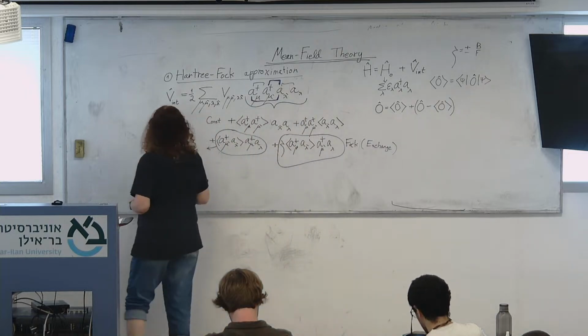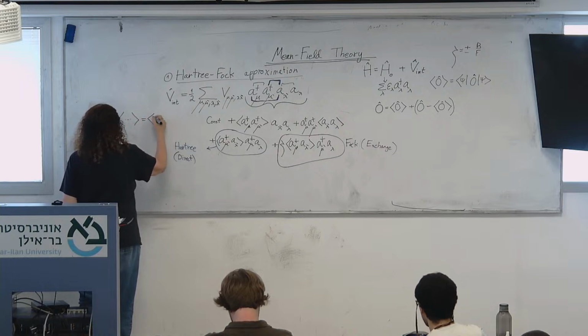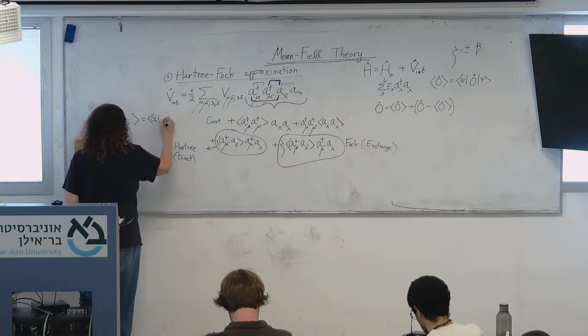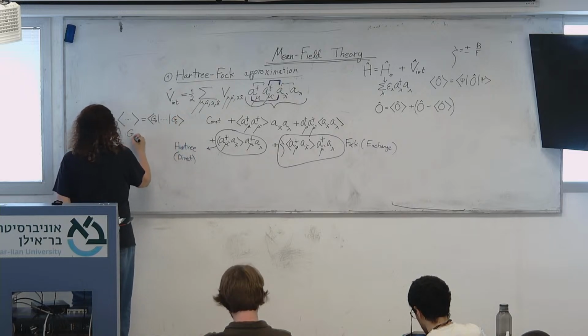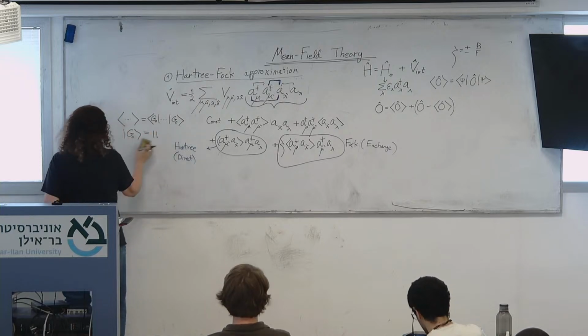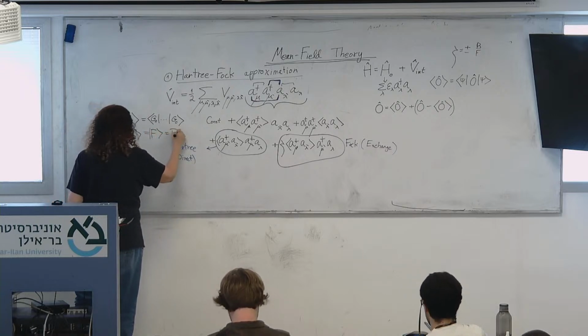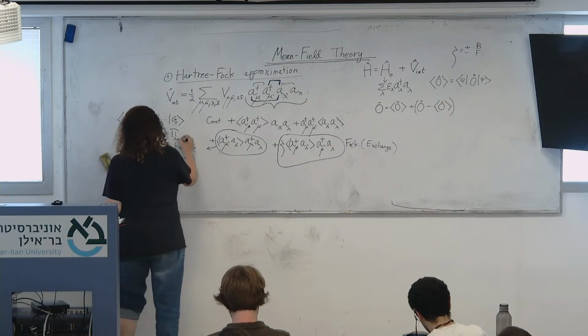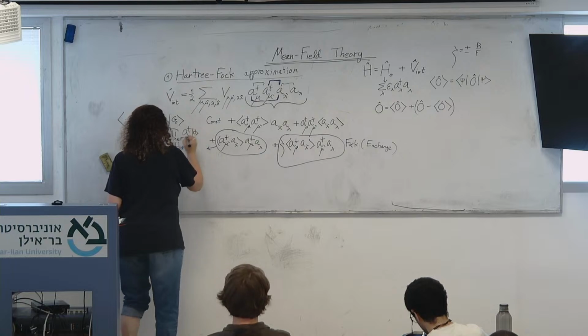So expectation values are defined within the ground state, and the ground state of H naught is F, what we call F, or if I write it explicitly, it's a product of all lambdas inside the Fermi sea of A lambda dagger acting on the vacuum.